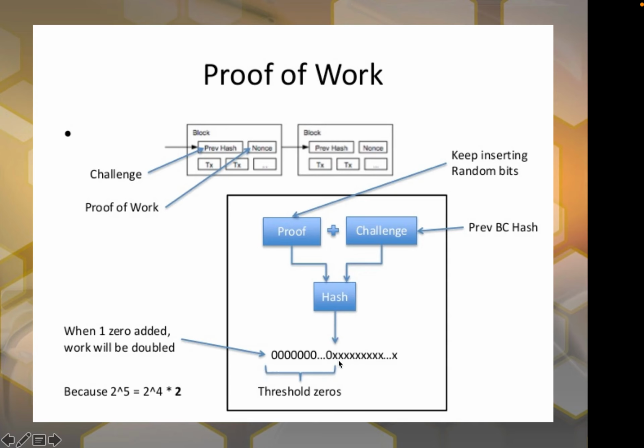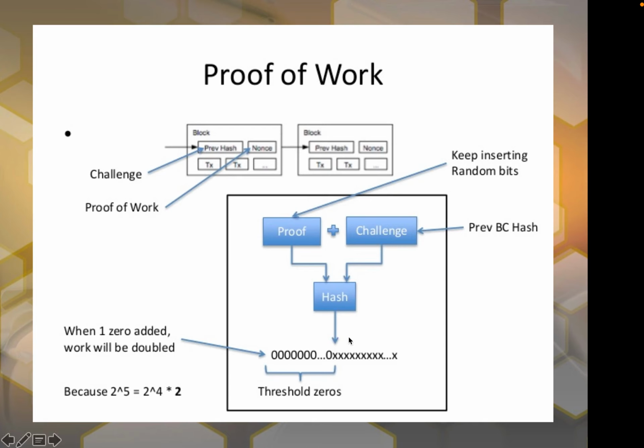So that is why the only way to find this proof is by trial and error, which takes time. Generally speaking, if your CPU is okay, it takes about 10 minutes to find the proof.